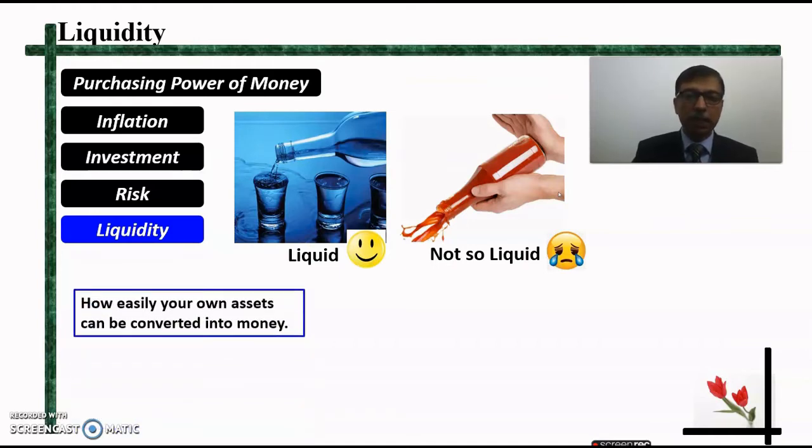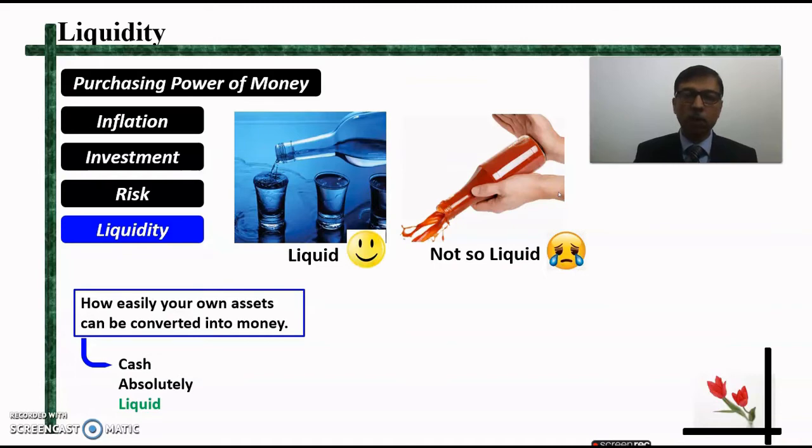Liquidity is nothing but how easily you can convert your own assets into money. Say, for example, you have cash in your bank. Say you have about $50,000 or rupees or reals or nairas or whatever currency depending on which country you are in.